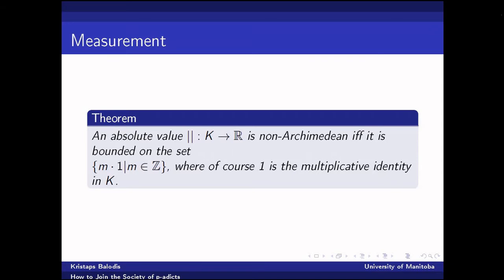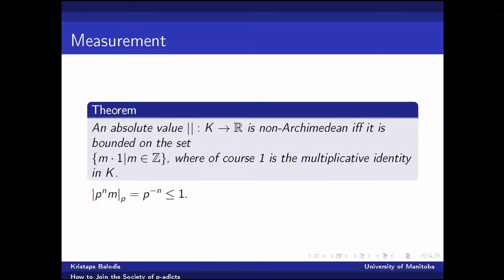Okay, so it turns out that this property we just talked about is actually characteristic of non-Archimedean norms. If we form the set of all integer multiples of the identity of a field, and the norm is bounded on that set, then it will be non-Archimedean in return.